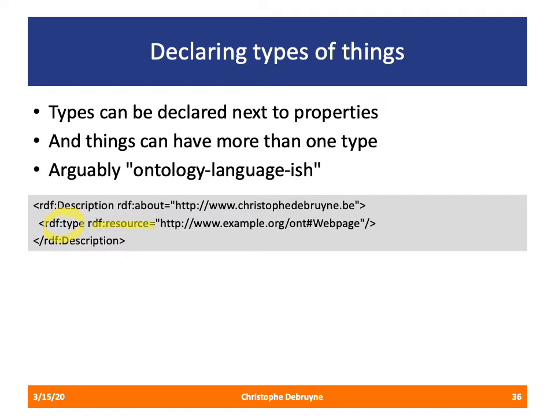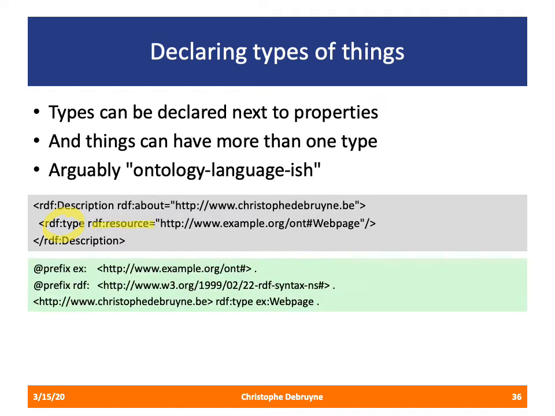Now the same thing can be done with RDF Turtle. I again declare the ontology in the namespace example, and I declare the RDF namespace using the namespace prefix RDF, and I declare that thing with that URI to be of RDF type web page.